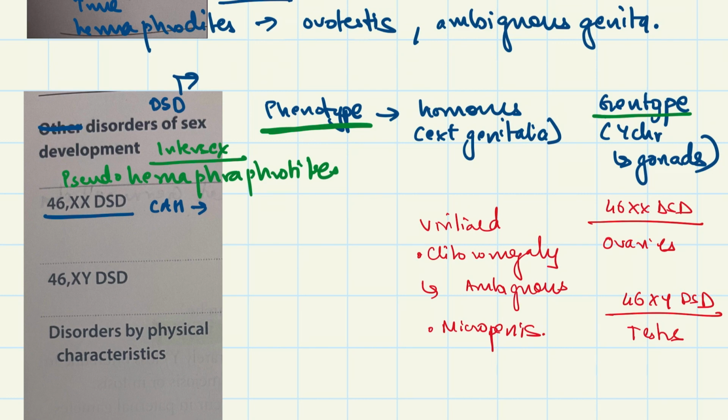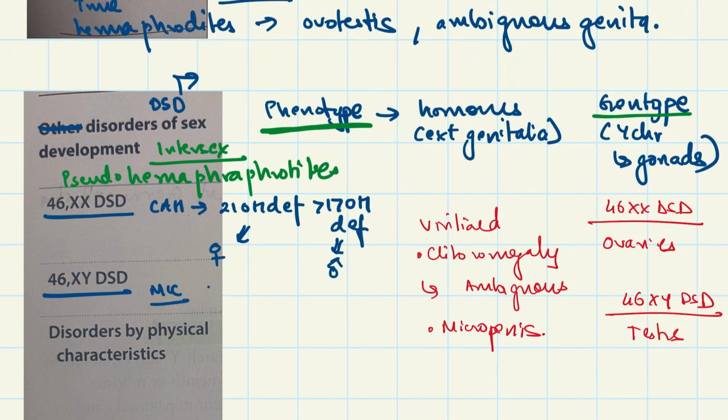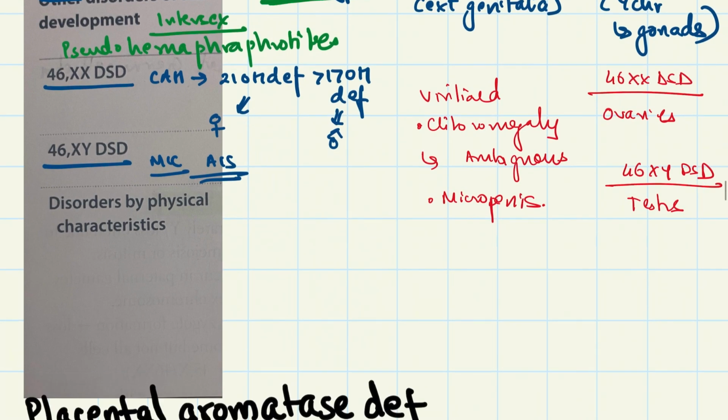The most common cause of CAH is 21 hydroxylase deficiency followed by 17 hydroxylase deficiency. 21 OH hydroxylase deficiency leads to a female, while 17 OH may lead to a male pseudohermaphrodite. The most common cause of a male pseudohermaphrodite is androgen insensitivity syndrome.